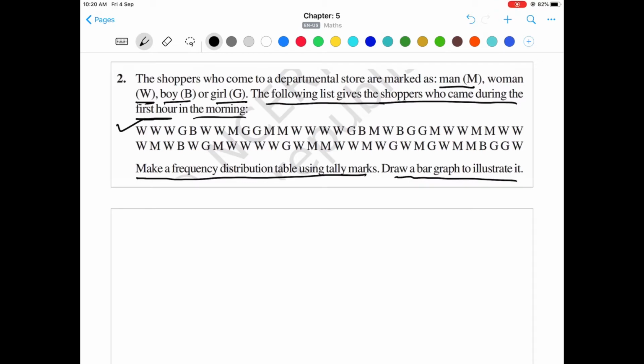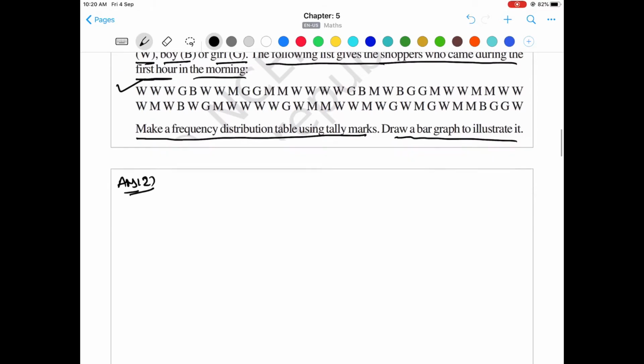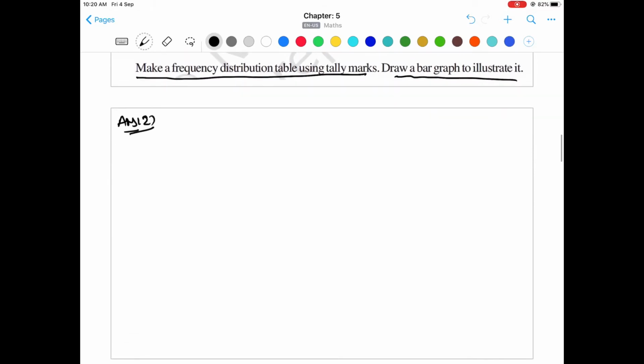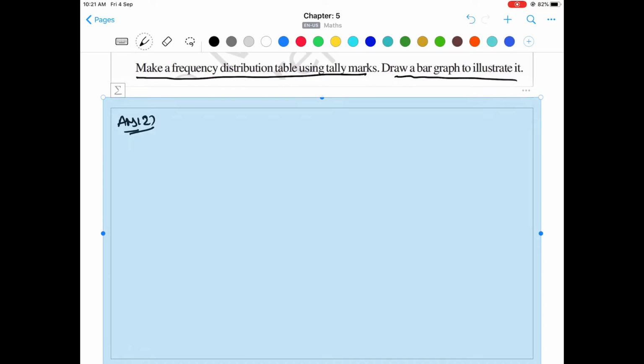So our first thing is to represent this data using a frequency distribution table. So let's start this one. In order to represent this data using frequency distribution table, first we have to make a table in which we will make 3 columns.